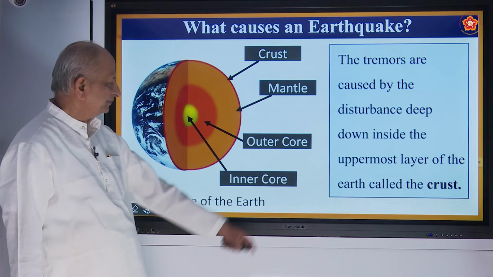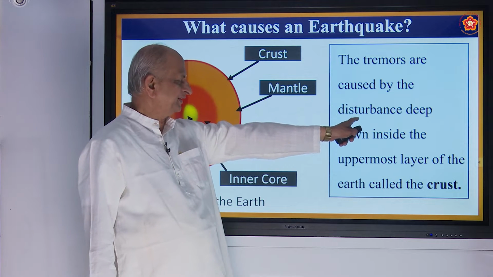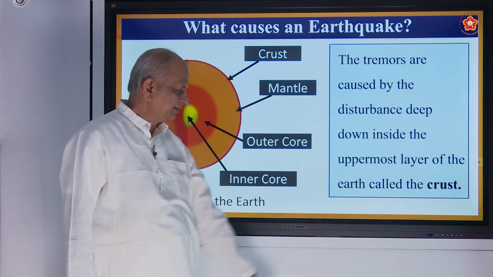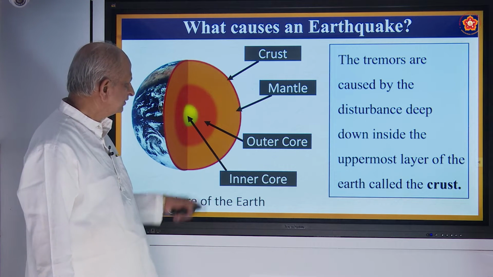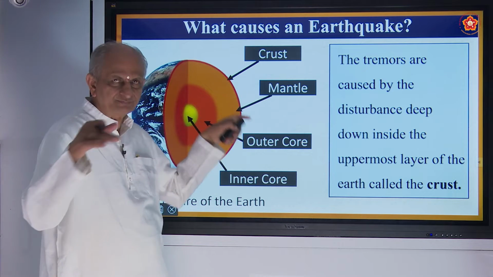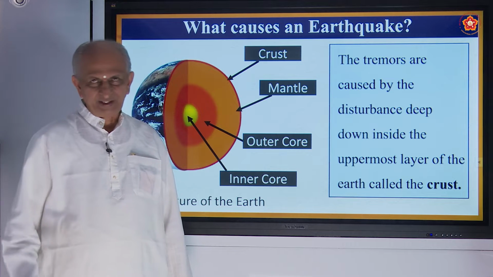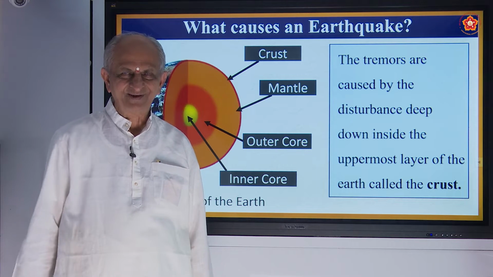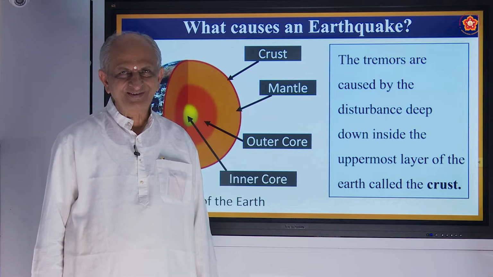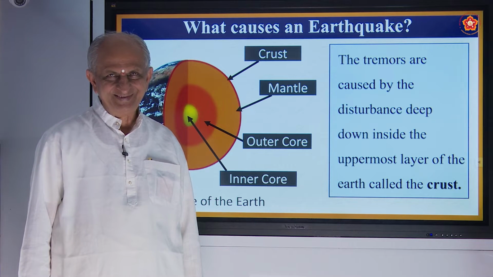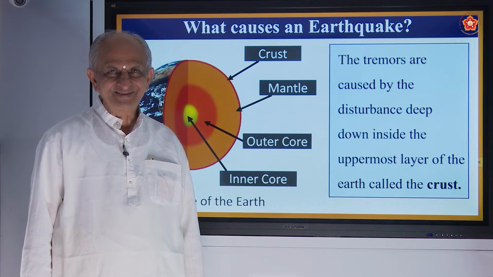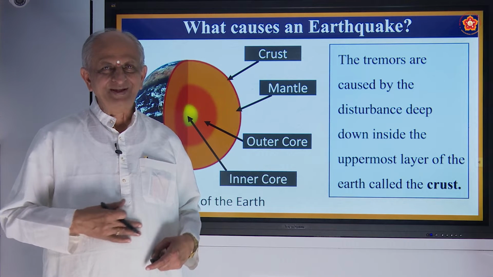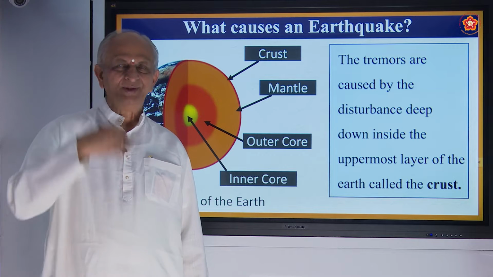So what happens? The tremors are caused by disturbance deep inside the uppermost layer of the earth called the crust. Take one natural example: vomiting. How many have experienced vomiting? Some of you, correct? Why does it come? You have eaten more, drunk more, and there is disturbance in the stomach, and it comes out.